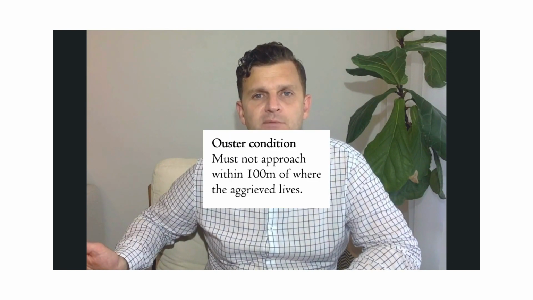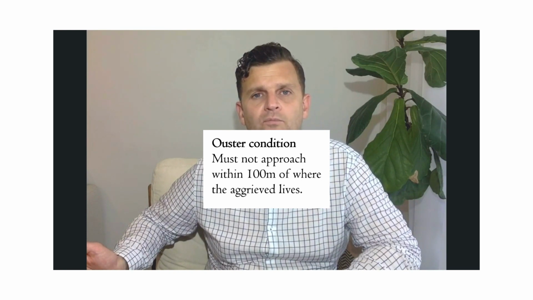An ouster condition is a condition that the respondent is not to approach where the aggrieved lives. Sometimes this involves the respondent having to move out of that home. When one of the parties needs to move out of the home because the court is making a domestic violence order, the court can make what's called a return condition.